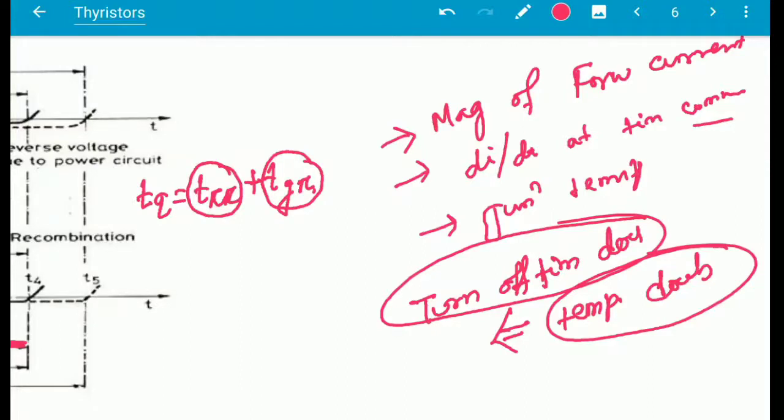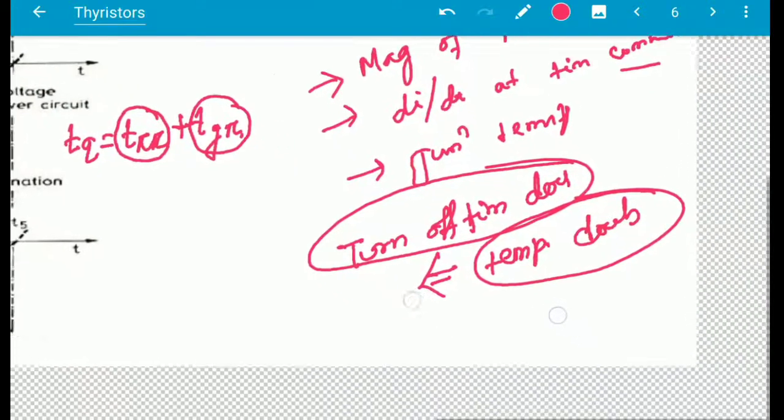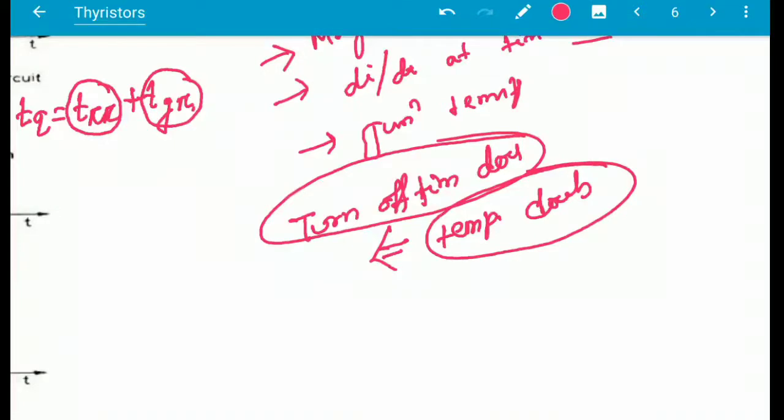Next, turn off time decreases with an increase in reverse voltage. Next, it is essential that the thyristor is reverse biased for a finite period to make it turn off. Next, a thyristor with a slow turn off time is from, suppose, 50 to 100 microseconds.